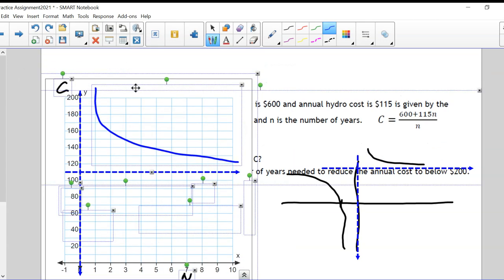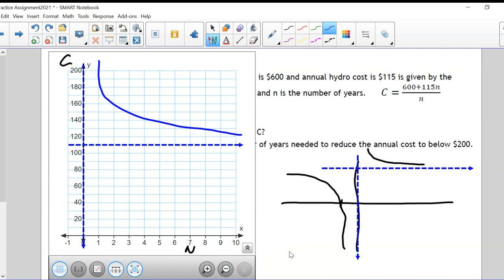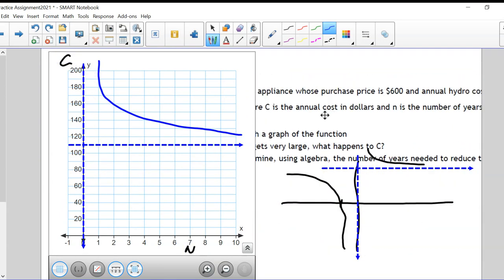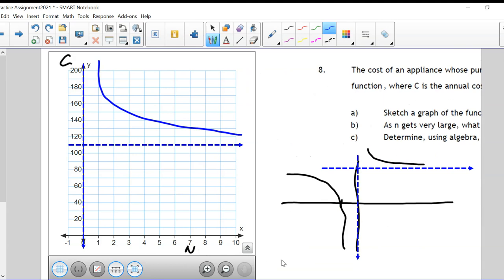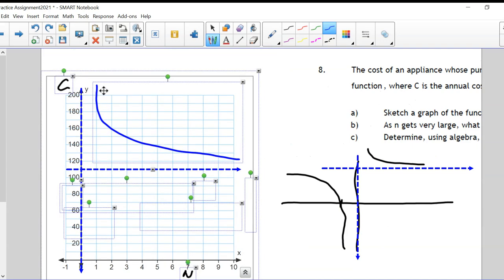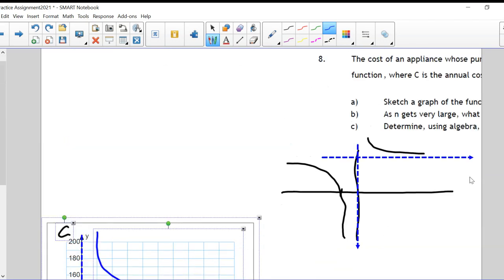Let's see if I can do that. Maybe I can. Oh, actually, this comes down with it as well. I don't want that to move. Let's move this out of the way a bit here, move it over to the side. Then let's see if we can make this part move down, and then we can move the other part back.